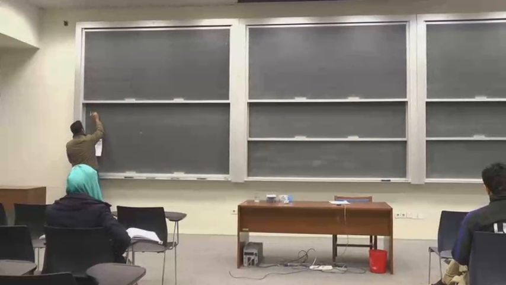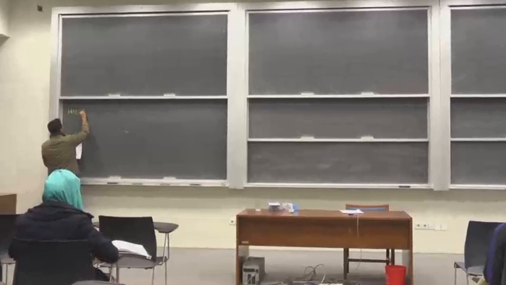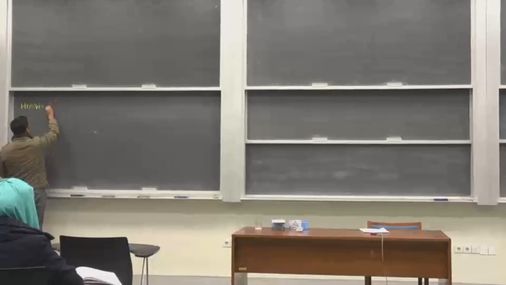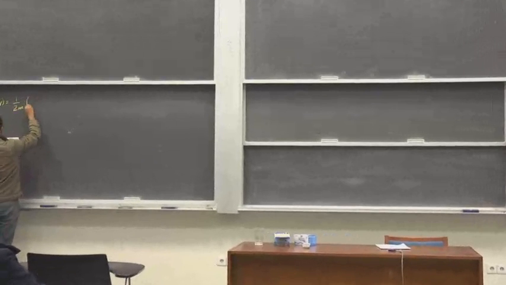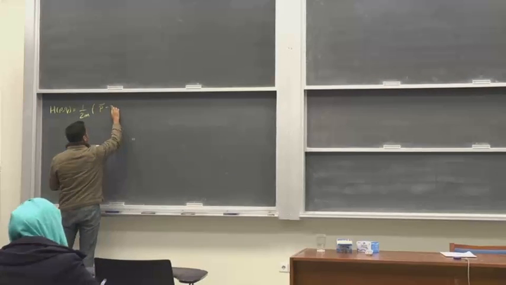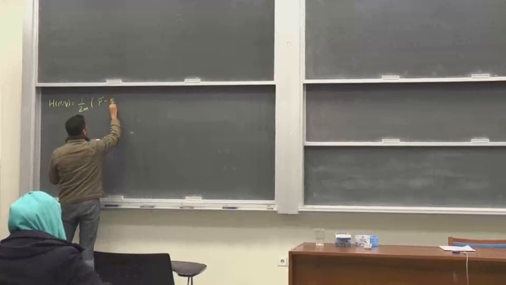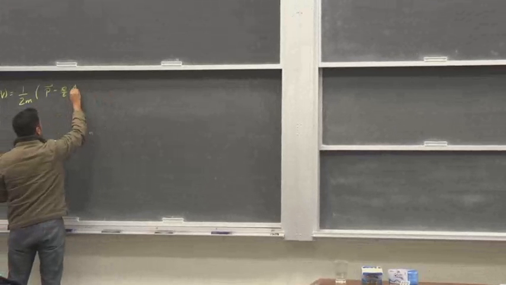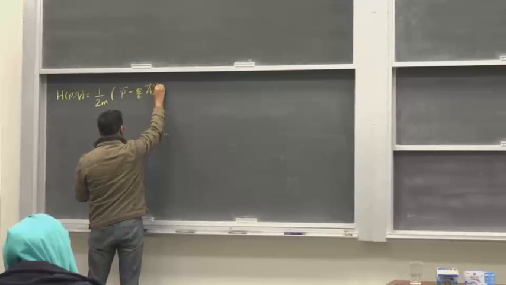We established that the Hamiltonian is this. You have to write it in terms of the potentials. Can't do it directly in terms of electric and magnetic fields.